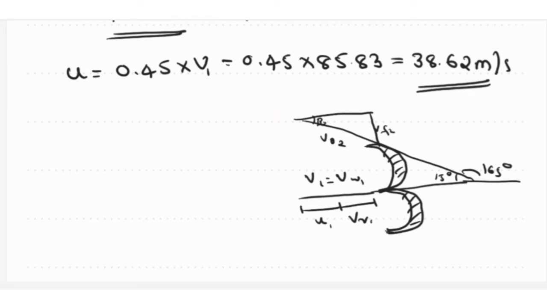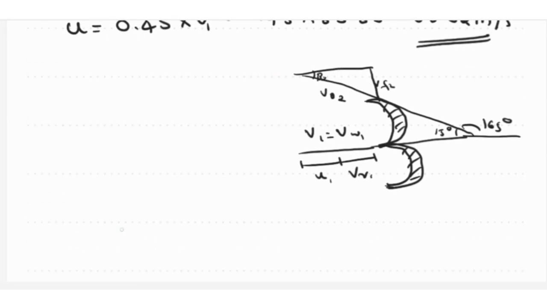Now we can calculate the value. V1 is equal to VW1 from the inlet velocity triangle, so that is equal to 85.83 meter per second.